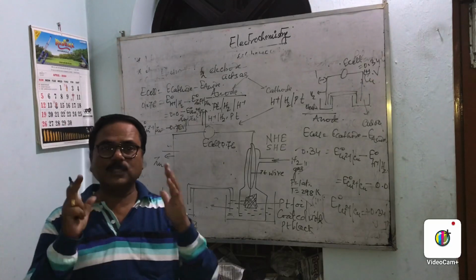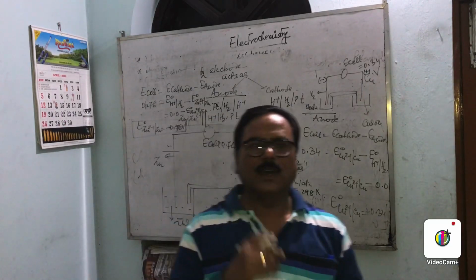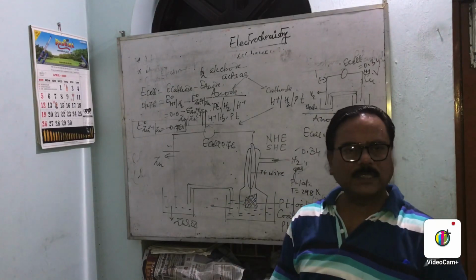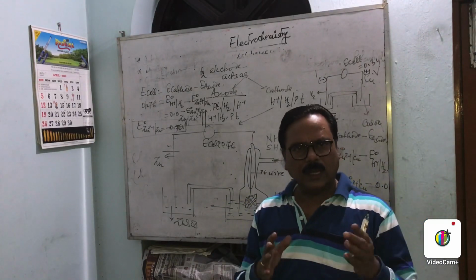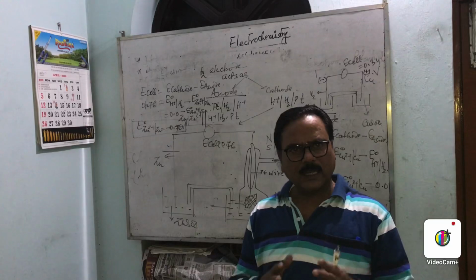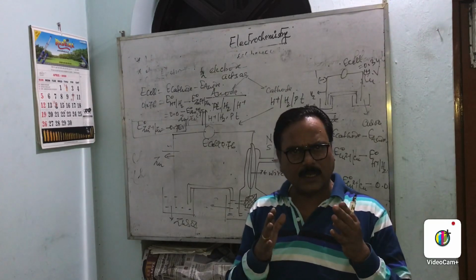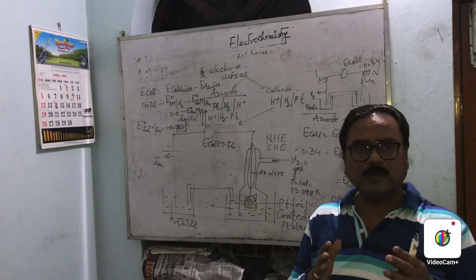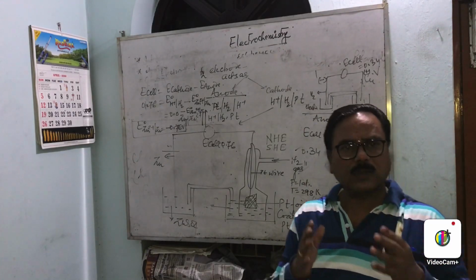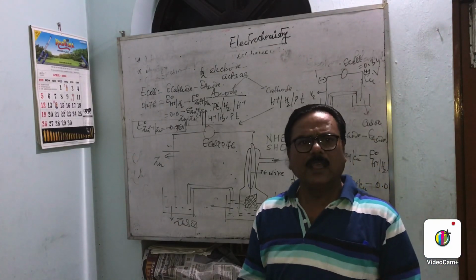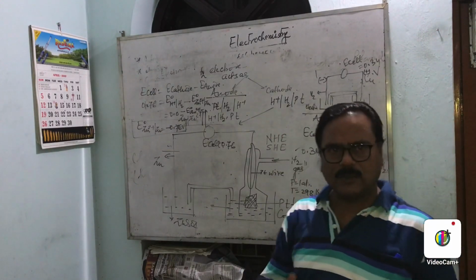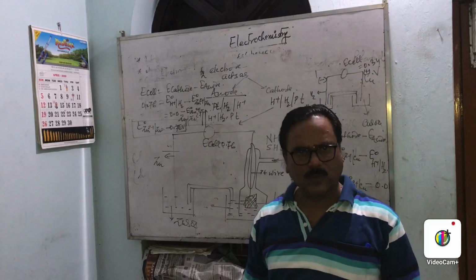And what are the functions of the salt bridge? We are able to say the functions. Now this is the cell representation and electrode potential, the EMF of the standard electrode, and we calculate the cell potential of the cell, and this is called the electromotive force of the cell. EMF of the cell is defined as the electropotential difference between the two electrodes, right?